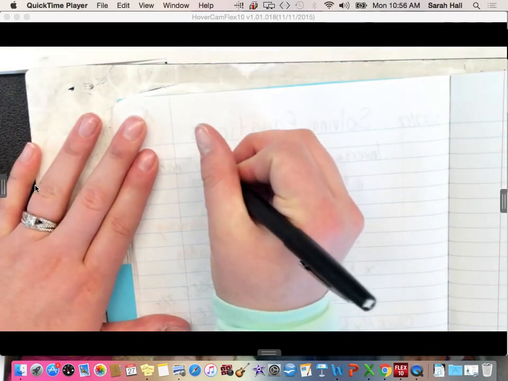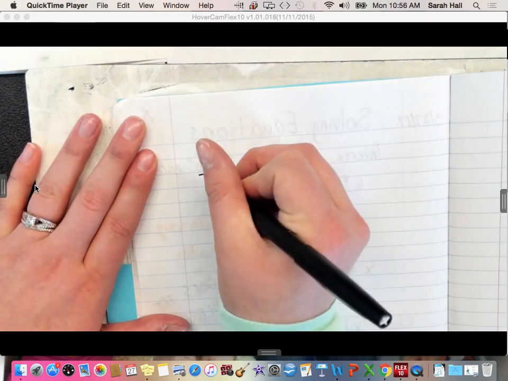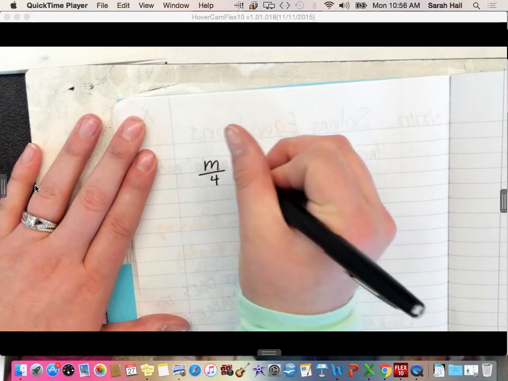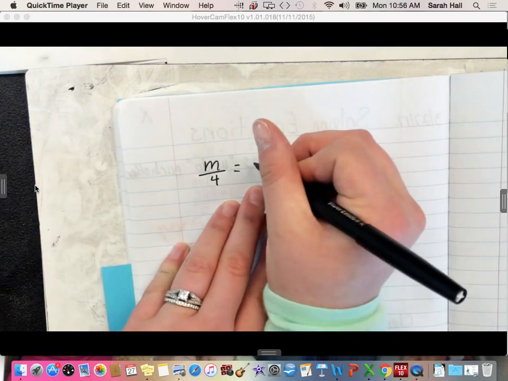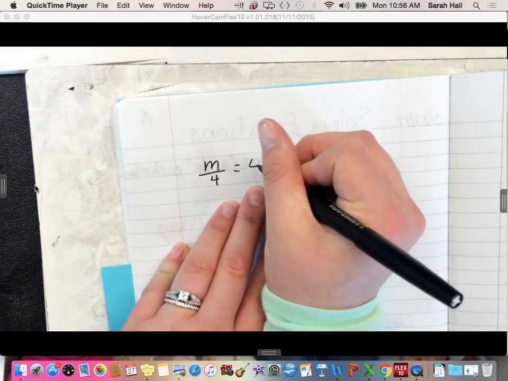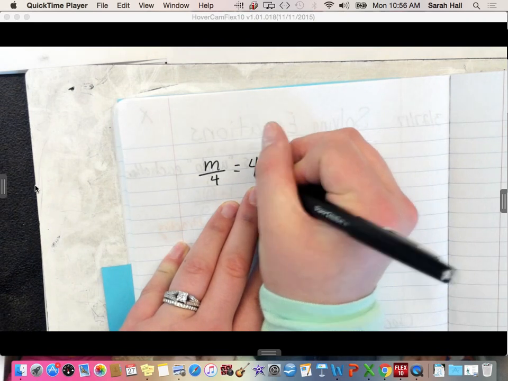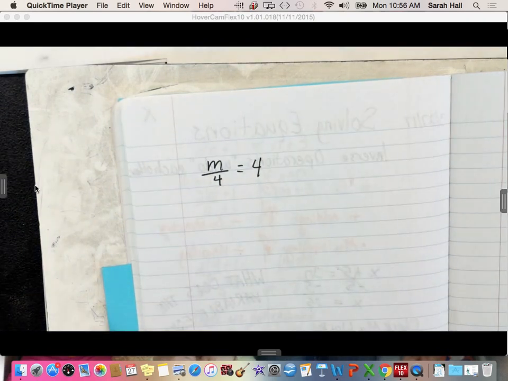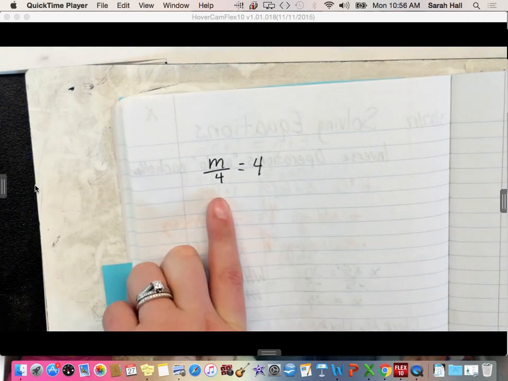We did adding and subtracting. What operation is this showing?